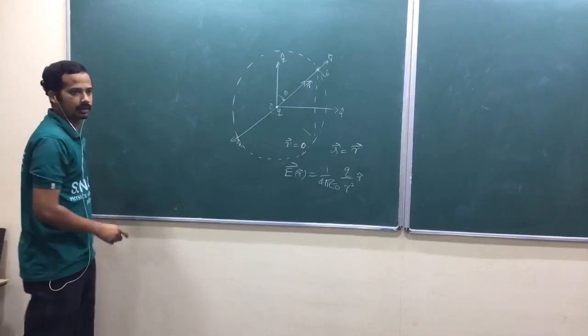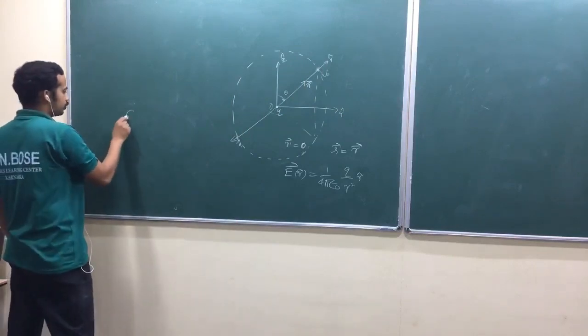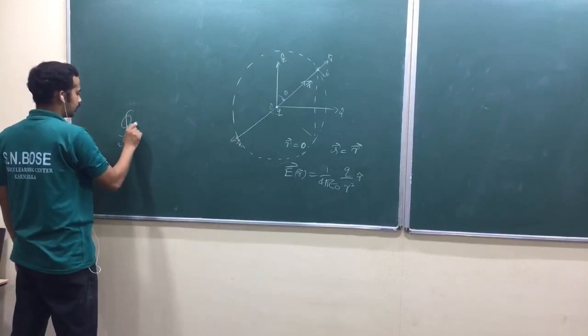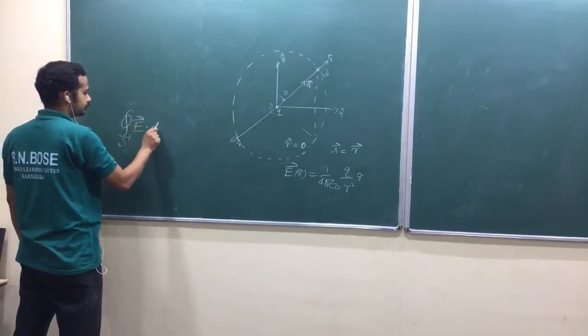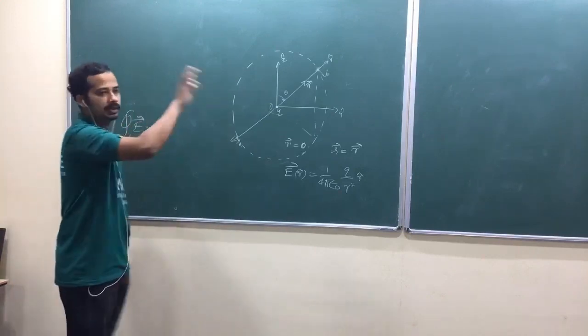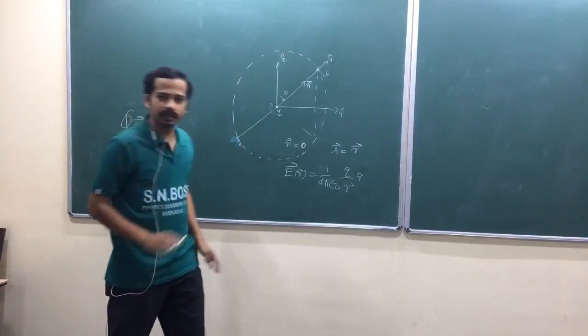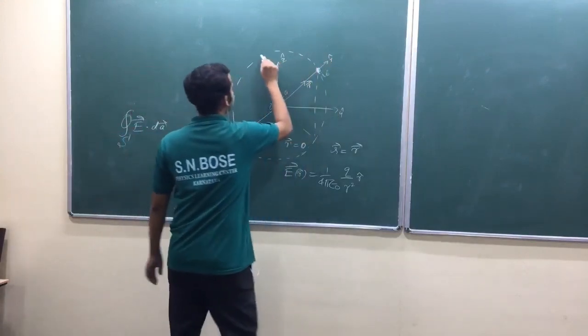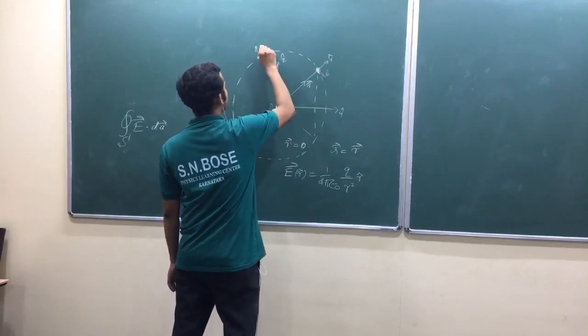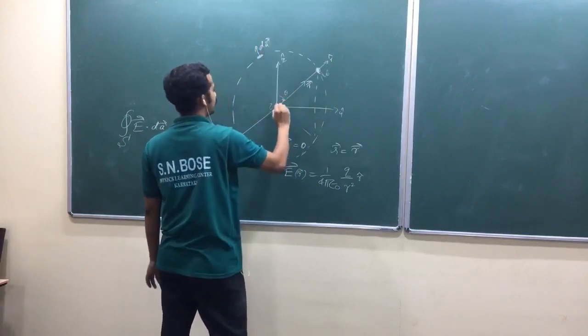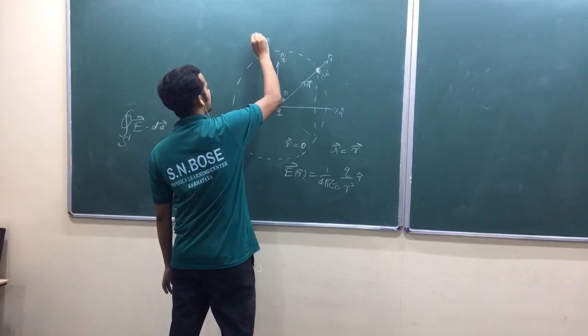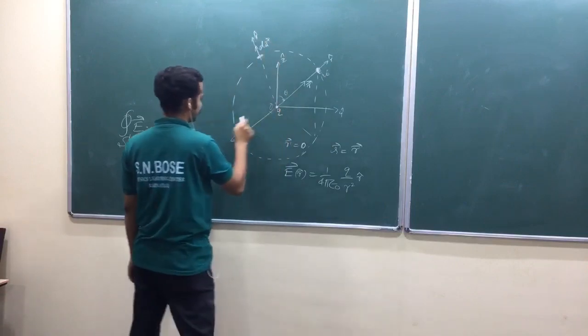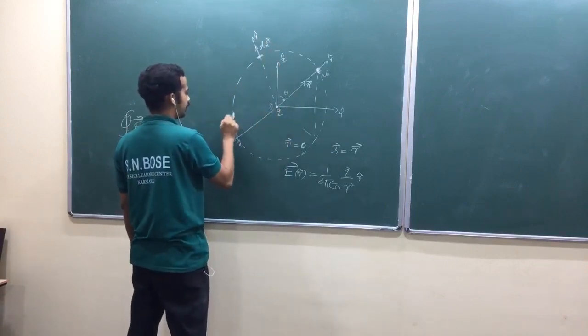Is that clear? And I am going to take the closed surface integral of the electric field over that closed spherical surface. Now look at that spherical surface. On that spherical surface, wherever you draw your dA vector, the dA vector and your r cap are along the same direction. Are you getting my idea?